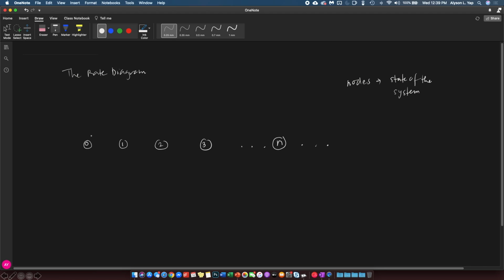Next, this rate diagram will show us the birth of a customer. And in this case, the birth of a customer, if you remember, is a movement from a state of n to n plus 1. So, for example, from a state of 0, it is possible that a birth happened, so a customer entered the system, and therefore we move from a state of 0 to a state of 1.